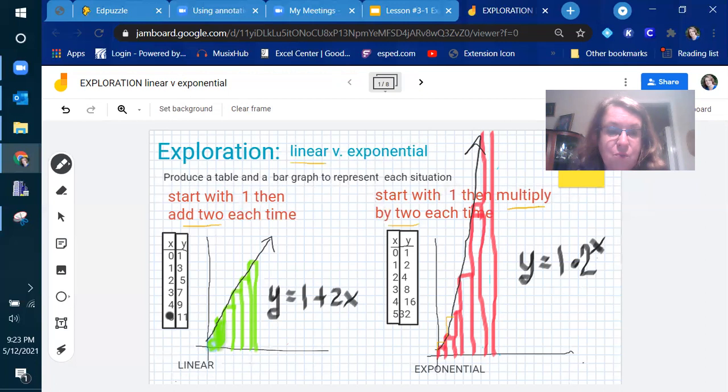If this is when I've added 2 5 times, this is when I've added 2 2 times. And then this one is I'm multiplying. So I use the exponent to show that I'm multiplying however many times. The x will say how many times you multiply. This x tells you how many times you add. So this phrase is a multiplication phrase, and this phrase is using exponents.